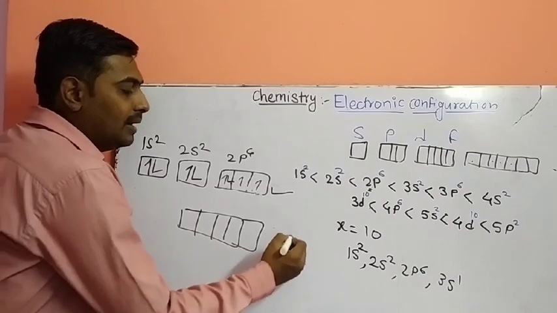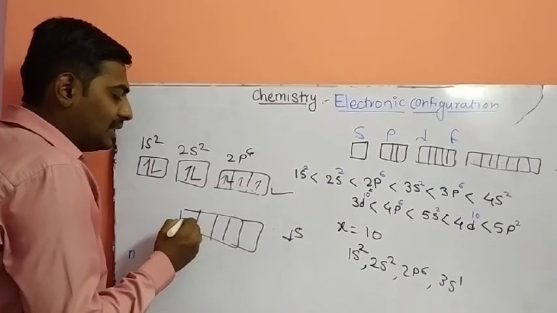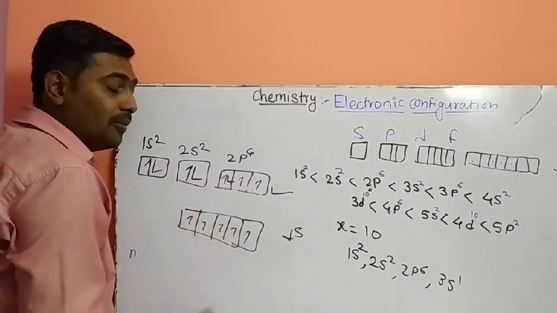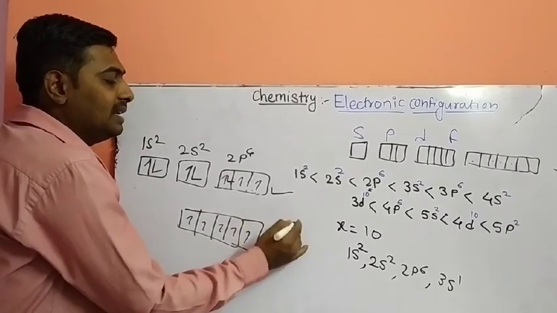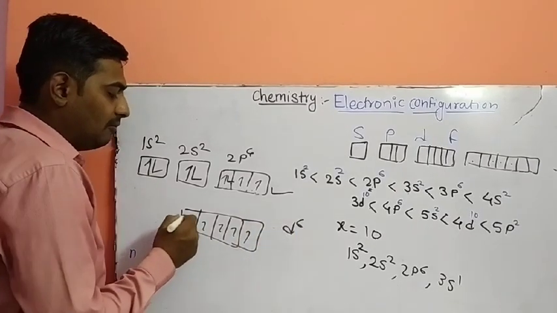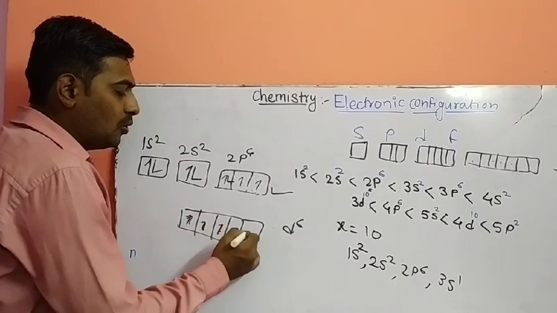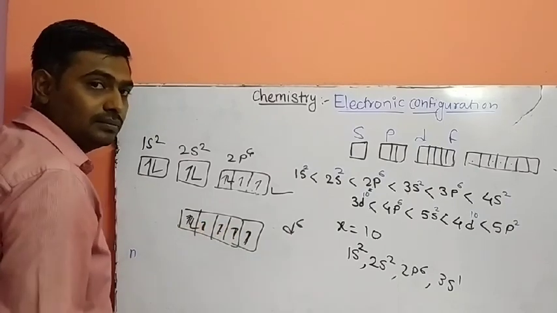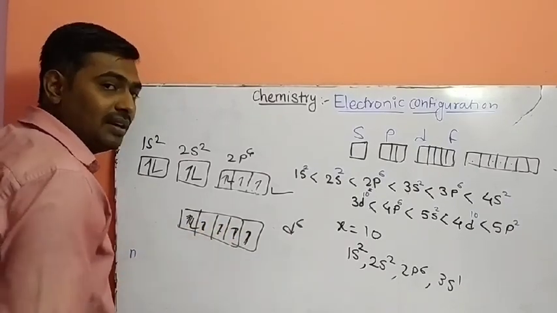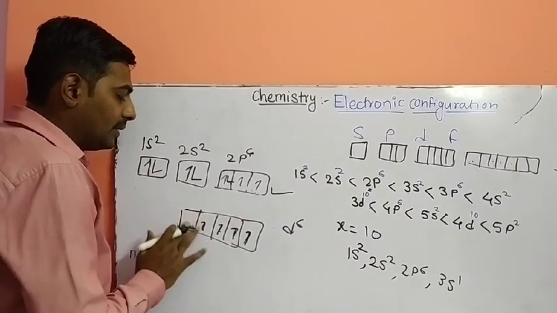If you have to take d5, then the electrons will be like this, 1, 2, 3, 4, 5. If you have to write d6, then it will be 1, 2, 3, 4, 5, 6. When orbitals are half filled, then we have to start pairing.